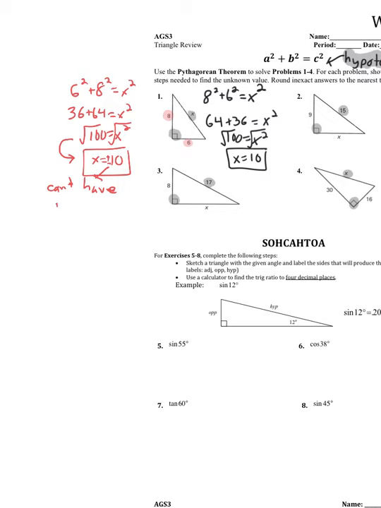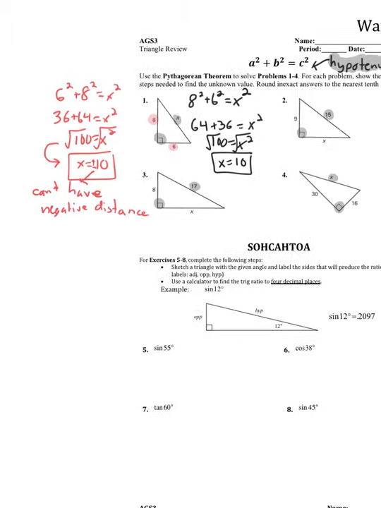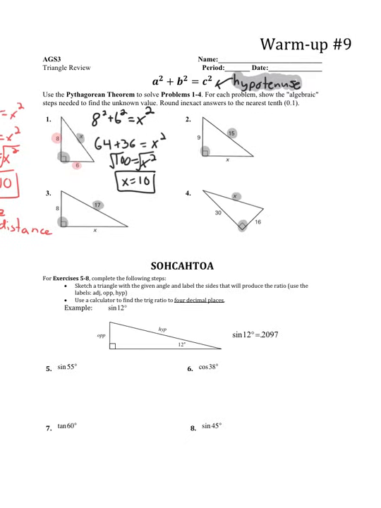You can't have negative distance, I guess is the best way to put it. So what that means is we can't have a length of negative 10. It's got to be a positive number. So that's why we don't really care about the plus and minus situation in these types of problems. We only care about the positive values. All right, so that's what's going on with these problems here.